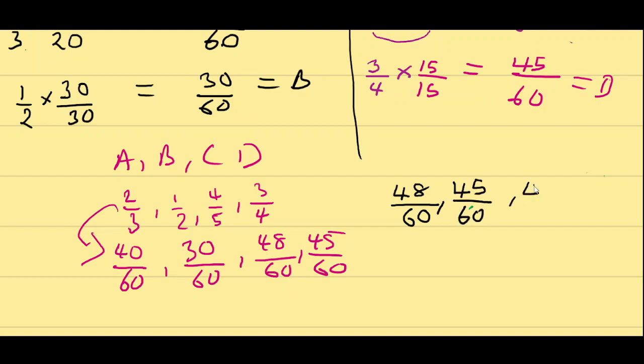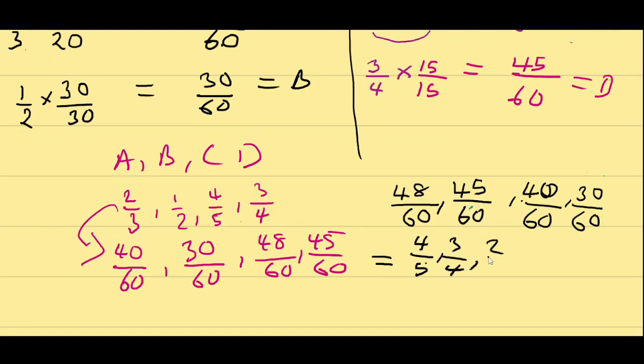Then we have 40 over 60, and then 30 over 60. Okay, so the 48 over 60 is the one of 4 over 5, and then 45 over 60 is the one of 3 over 4, and then 40 over 60 is the one of 2 over 3, and finally 30 over 60 is the one of 1 over 2.